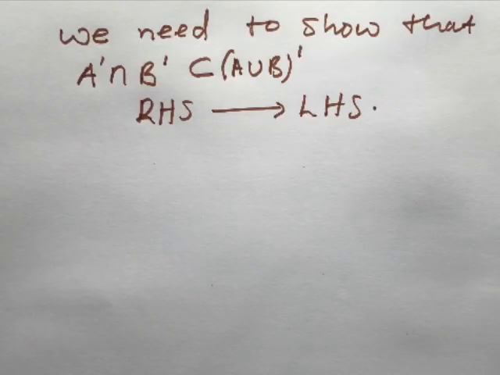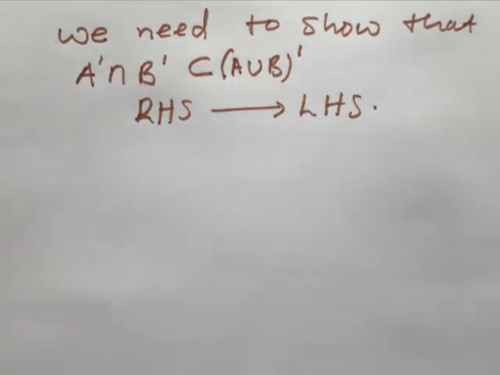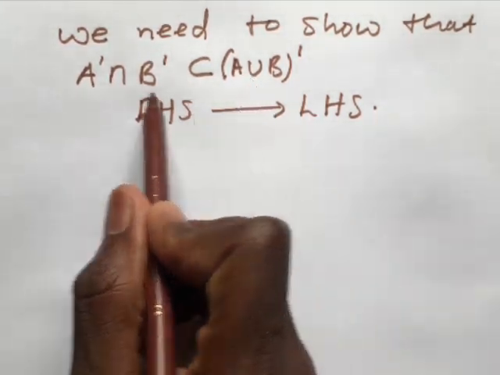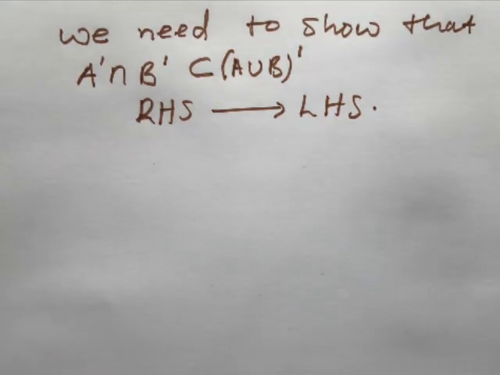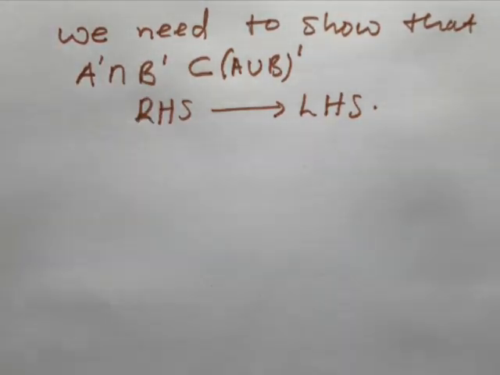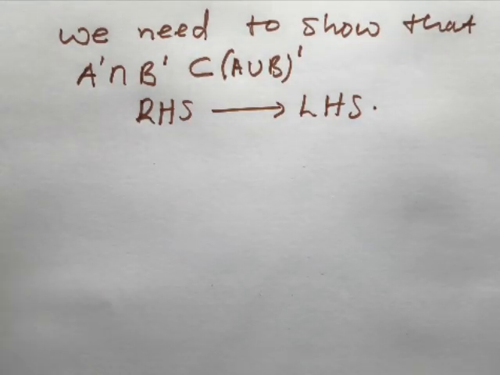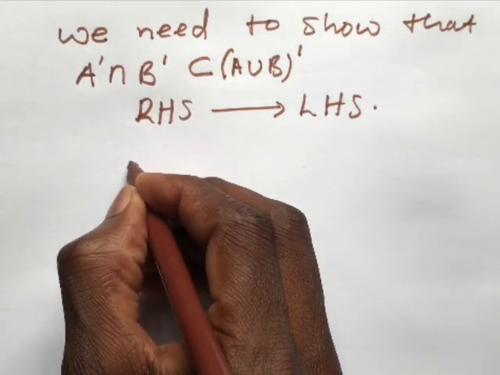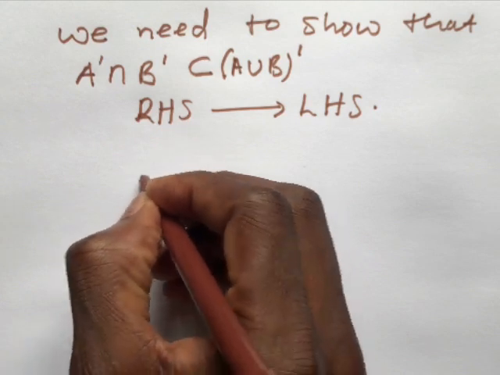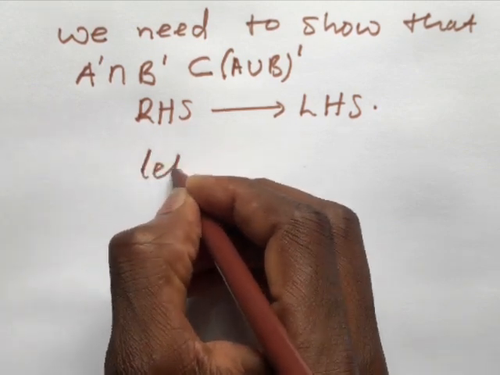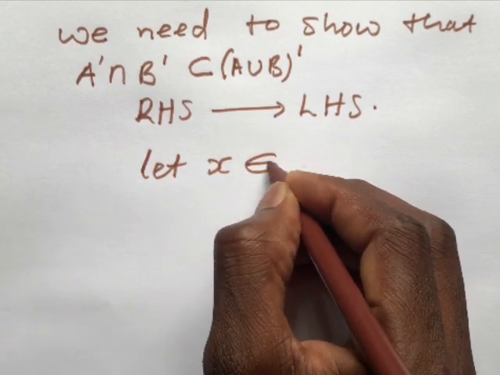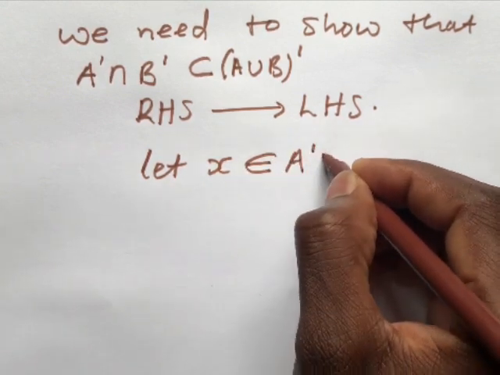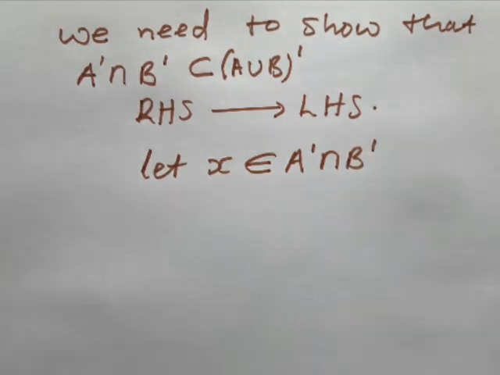Remember, since this doesn't have any brackets, you have to go direct without wasting time saying let x be a member of blah blah blah. So here I'm going to say let x be a member of A complement intersection B complement, right?